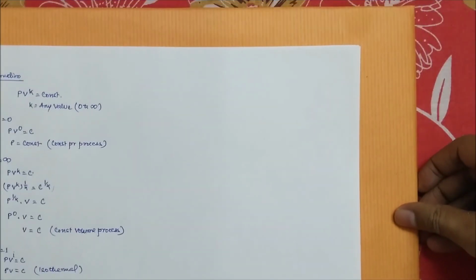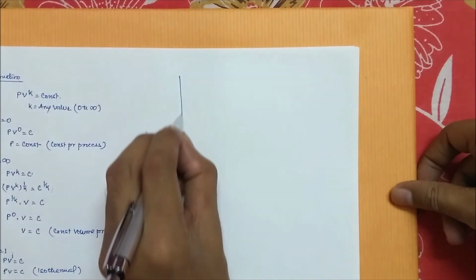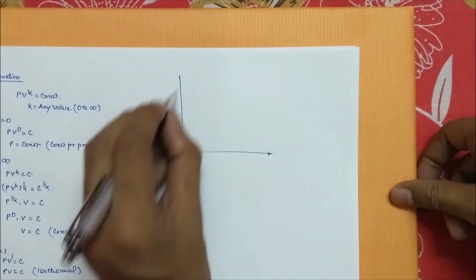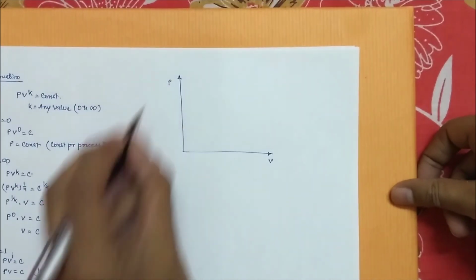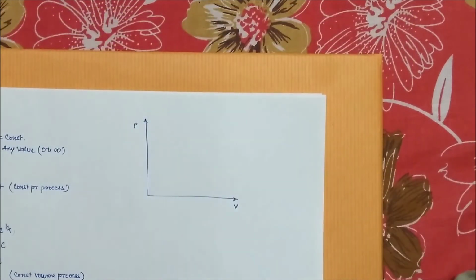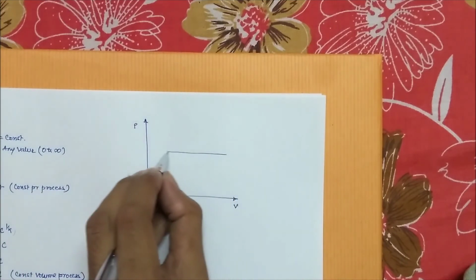That means if we plot these processes or curves in a PV diagram in a single place, it can be in this way.